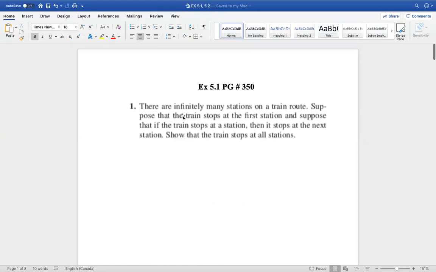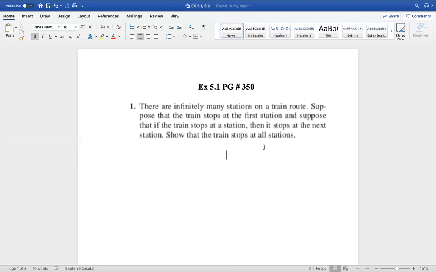There are infinitely many stations on our train route. Suppose that the train stops at the first station, and suppose that if the train stops at a station, then it stops at the next station. Show that the train stops at all stations.